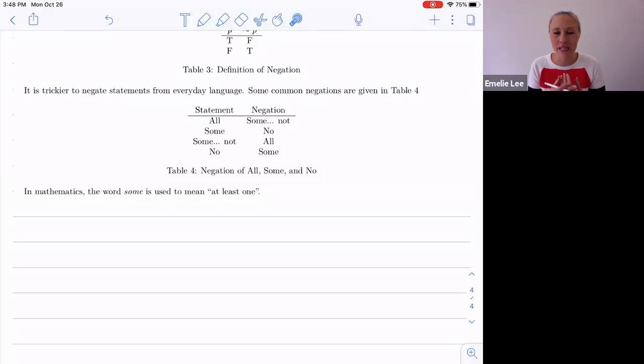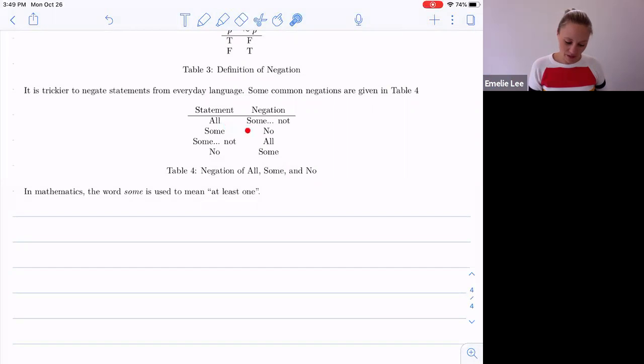A lot of the time, the negation is not the opposite of what we want, but the negation has to have the opposite truth value. And so that's where the negation comes from. I know, logic. Doesn't seem logical, and yet here it is.